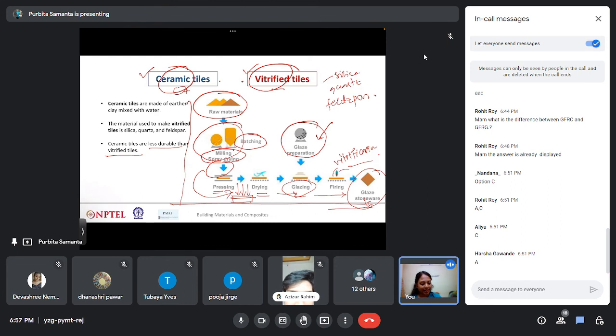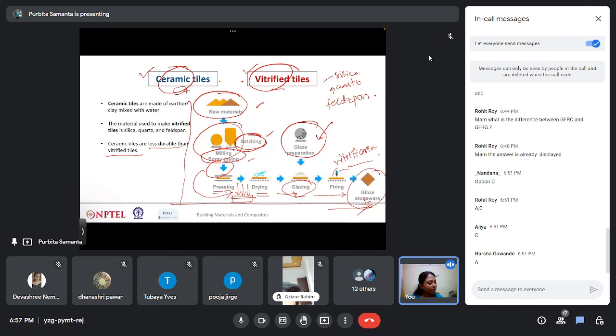I hope this is clear to you all. All the steps have their own requirements, like why we do batching: so that we can provide the required raw materials. The proportion should be correct, so that we get good quality tiles.